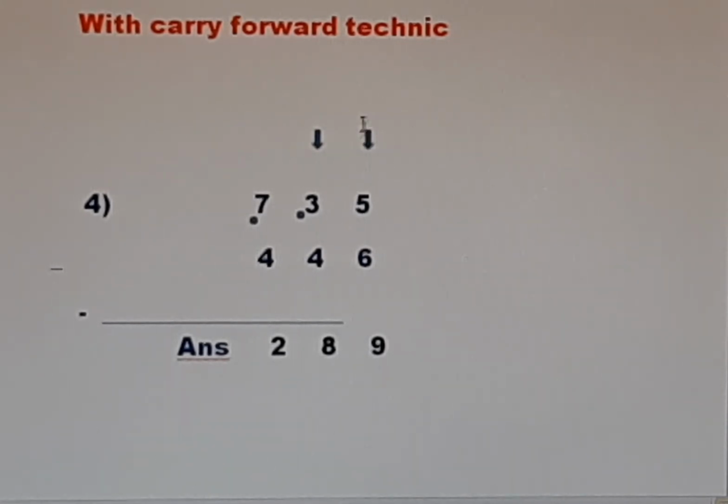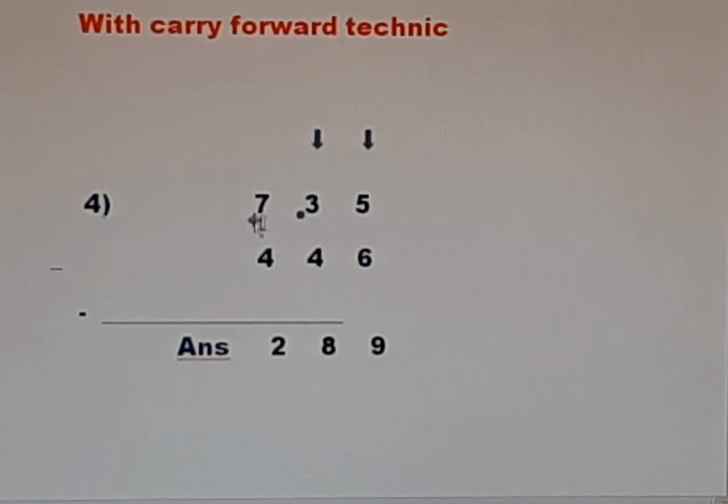Arrow means you have to add 10. 5 and 10, so 15. From here we borrowed. You have borrowed from 3. Dot means you have to reduce one number. So 2. 2 still you have to borrow from 7, so 12.